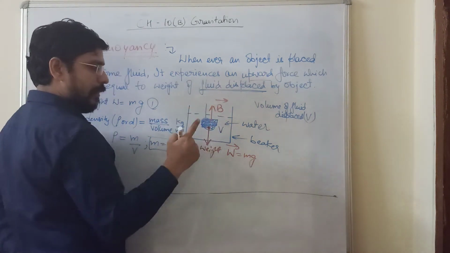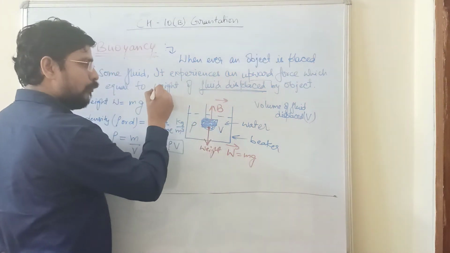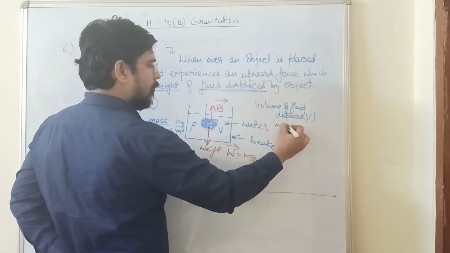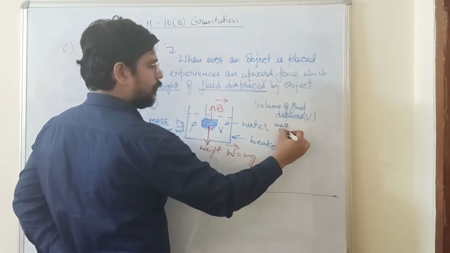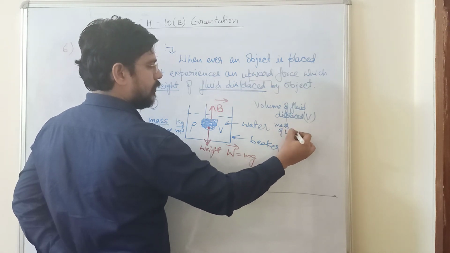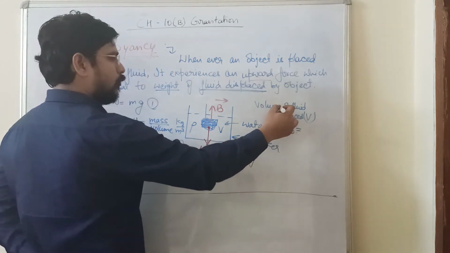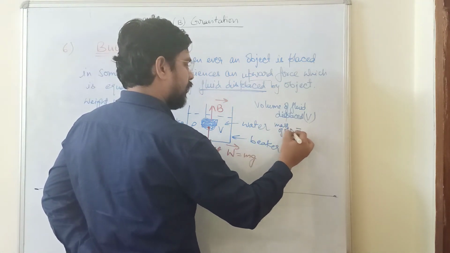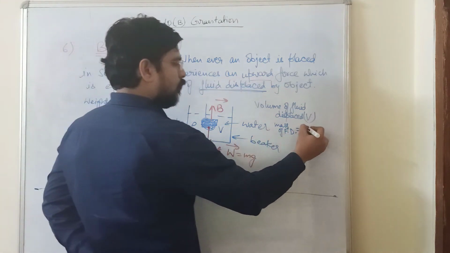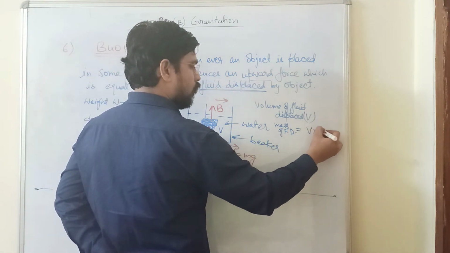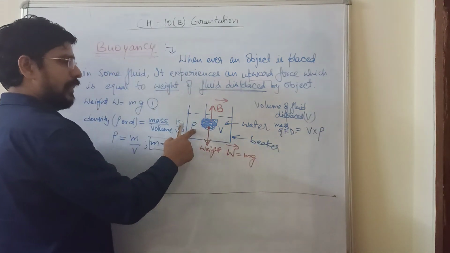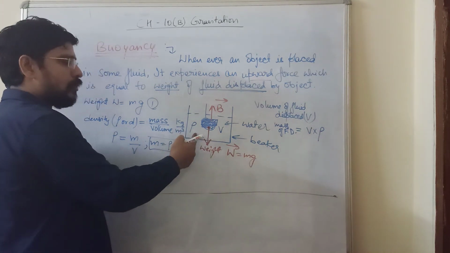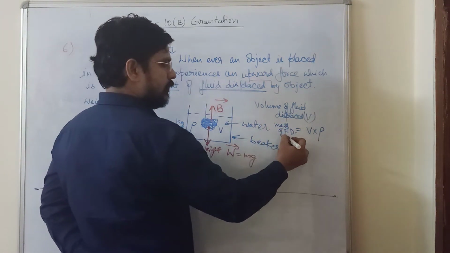And please note, I am telling you mass, not the weight, only mass. The mass of fluid displaced is equal to the volume of fluid displaced times the density of fluid. Rho is the density of fluid. My fluid is water here, or it can be any other fluid whose density is rho. So this is your mass of fluid displaced.